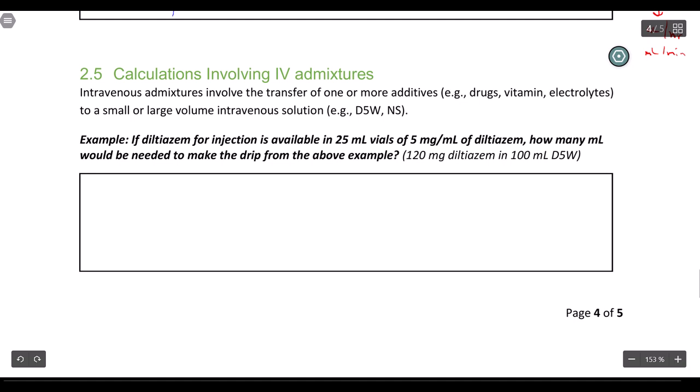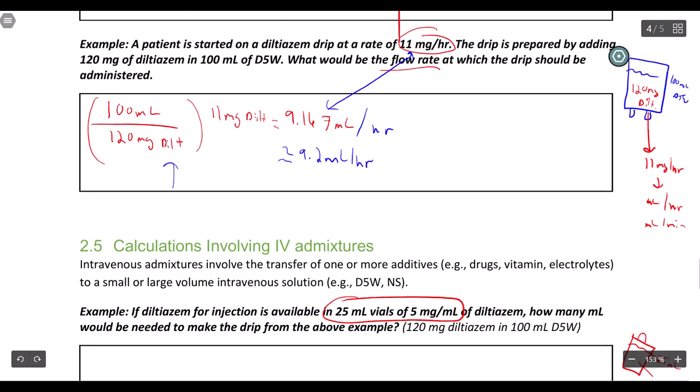It says if you have diltiazem injection that is available as a vial of 25 mLs, and there's 5 milligrams per ml. So here's my vial. It's got 25 mLs, and the concentration is 5 milligrams per ml of diltiazem. And it says if we wanted to make this IV that we had here, the drip, right?